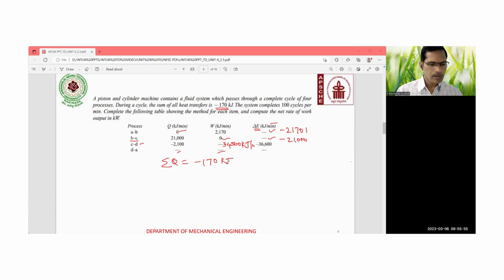Minus 170 kilojoule, right? And here the system completes 100 cycles per minute, so you should not forget that. So this is sigma Q. When I write this sigma Q, that is Q A to B plus Q B to C plus Q C to D plus Q D to A is equal to minus 170, and this cycle is completed with 100 cycles per minute.